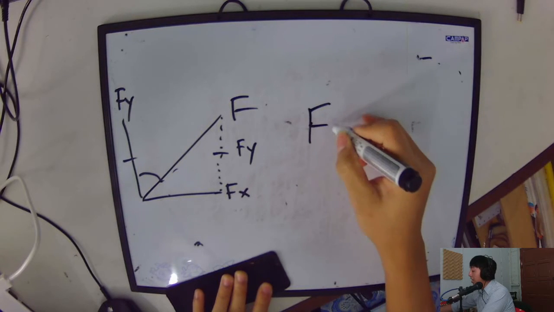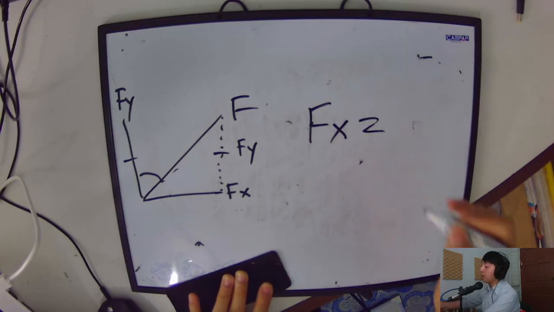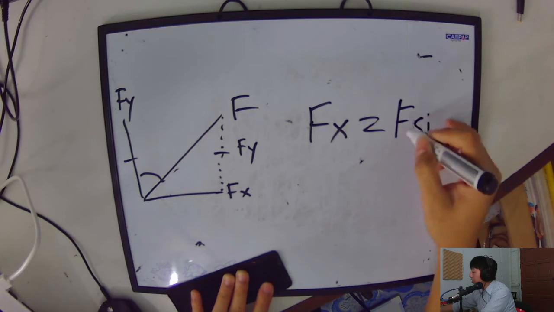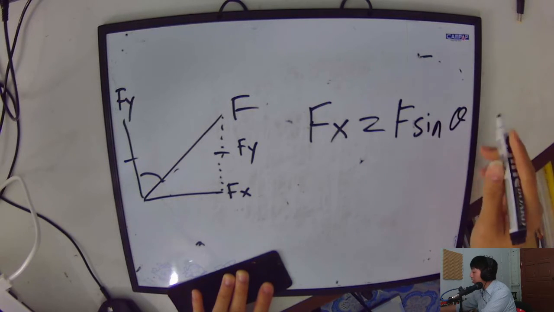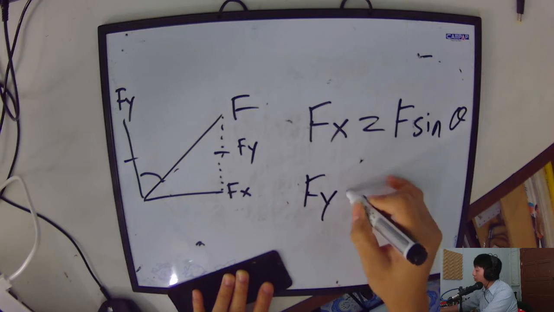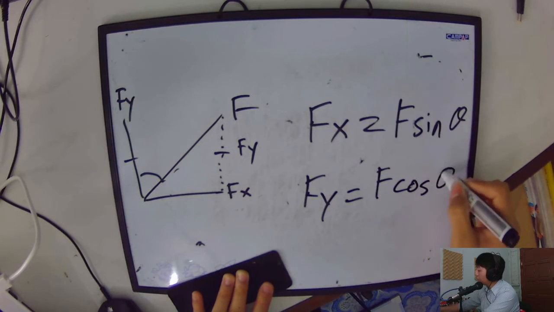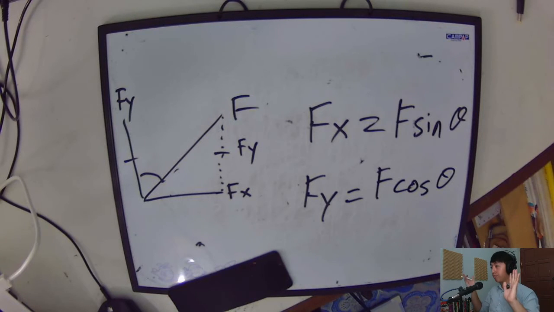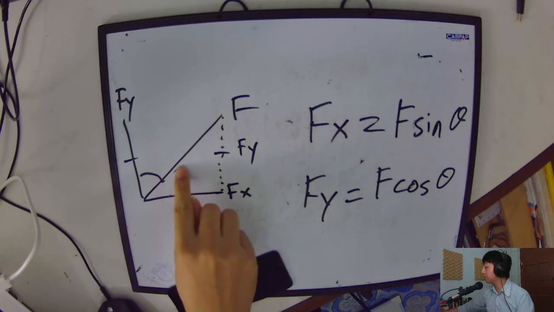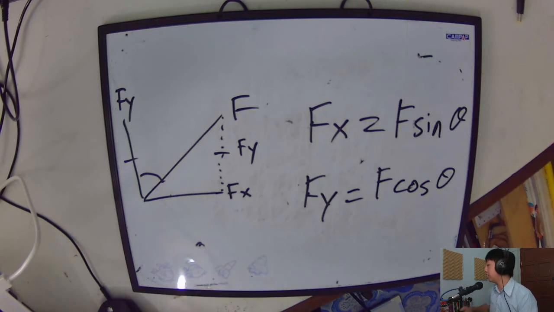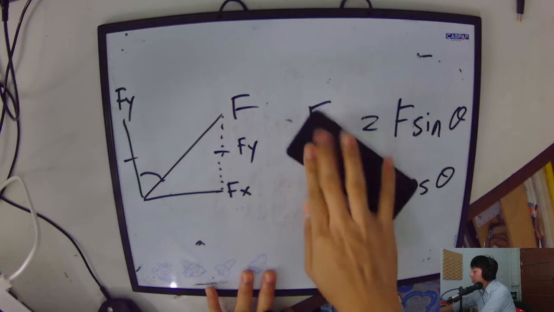In that case, this time Fx will be using sin, and Fy will be the one using cos, because now we've flipped the sides that we are using. Or if you don't want to do that, then just find the angle here, just minus 90 and you'll be able to find it.